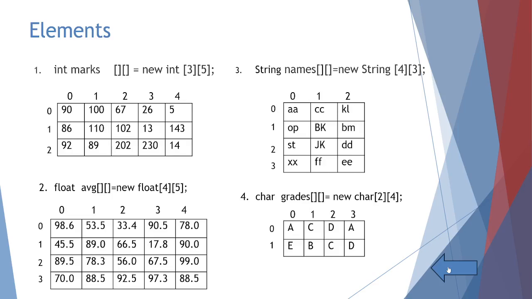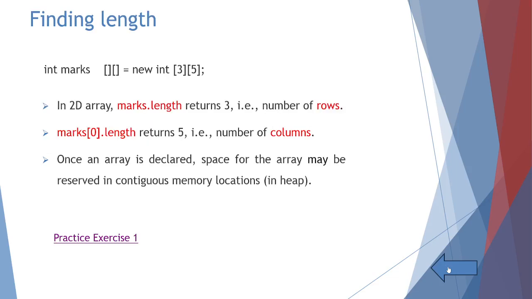Now, the elements depend on the data type. For example, int marks means we store integers, but the index is always 0, 1, 2, 3. Integers. Names, so more than one character. Average with decimal points. Grades, one character each. These are the elements. Now, finding length, there are two different lengths.